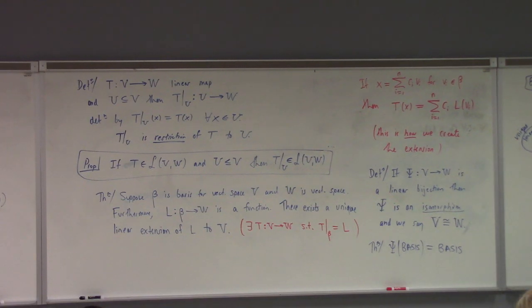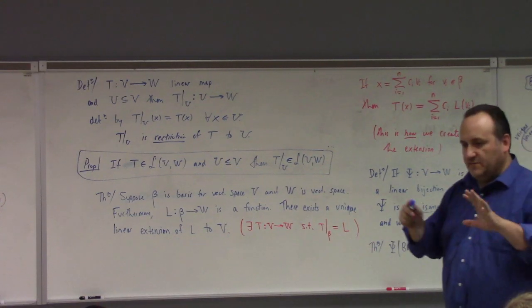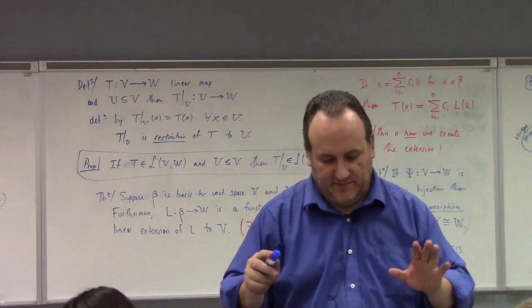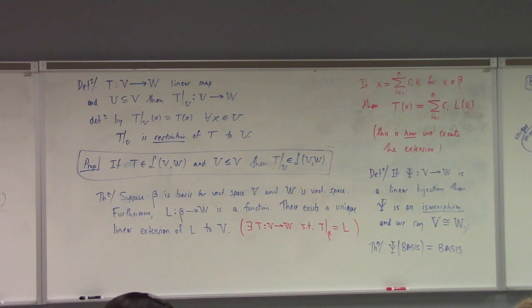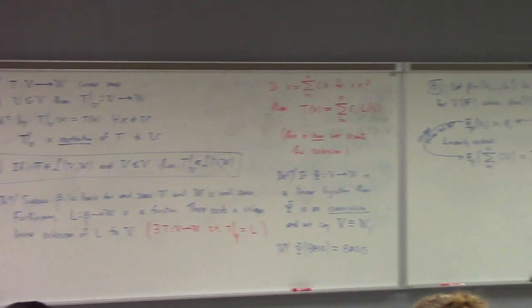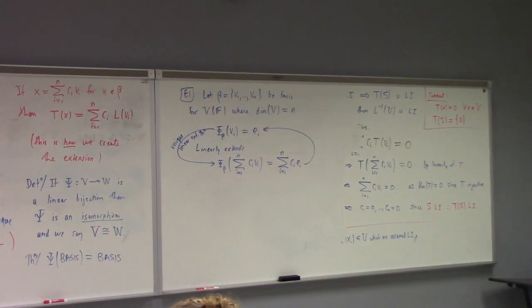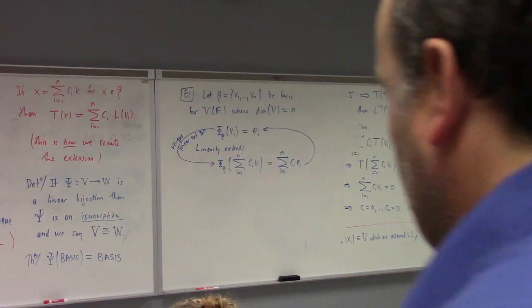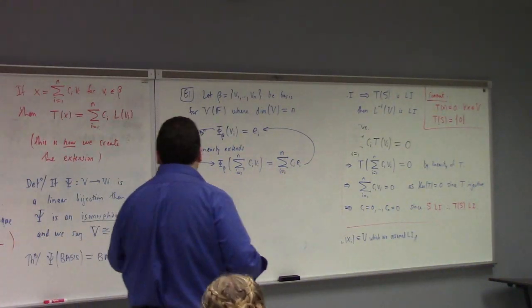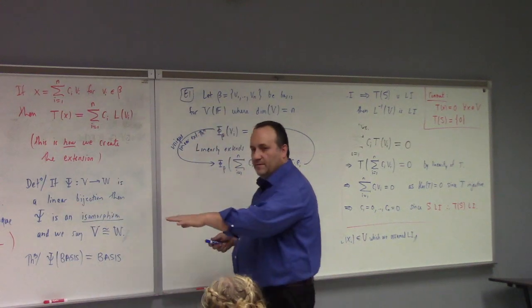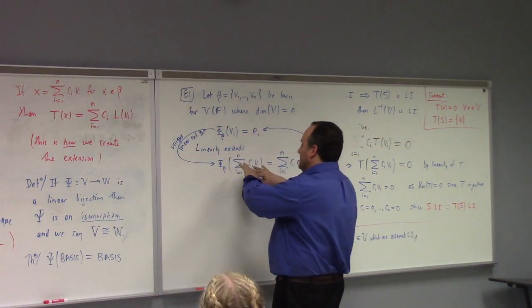So if I define, and let's think through this, if I have two vector spaces, they have the same dimension, right? And if I can define a correspondence from one basis to another, then if you believe my theorem over here, there's a unique linear extension of that.